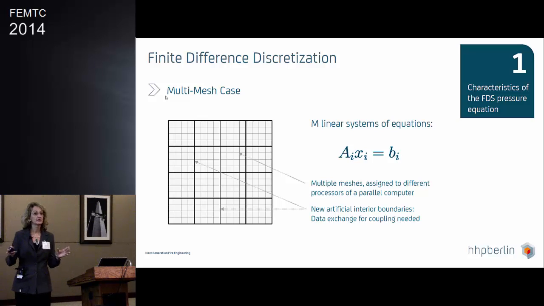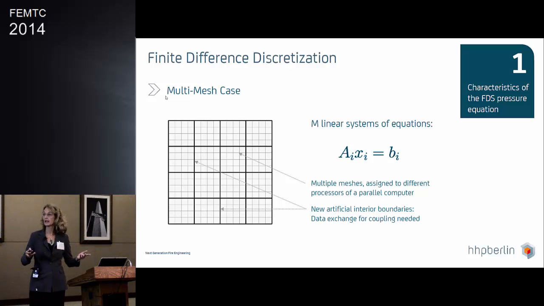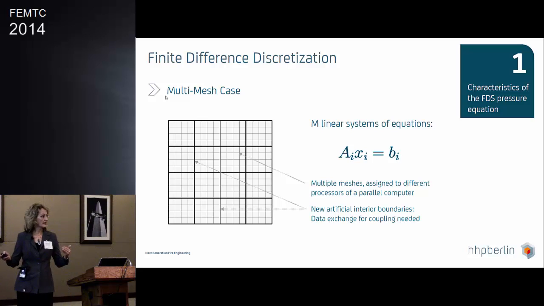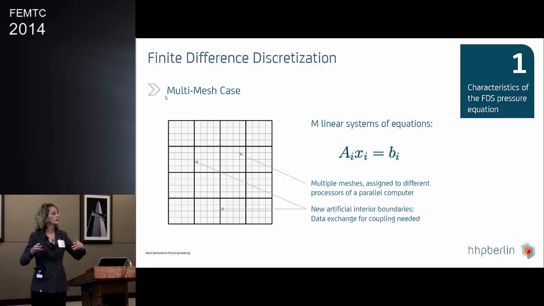And those different meshes may now be assigned to the processors of a parallel computer. But special care must be taken along those internal boundaries which arise in the subdivision process, because we do not want to solve m separate problems. We want to solve for the global problem, and therefore we have to exchange data between those meshes to make it global.